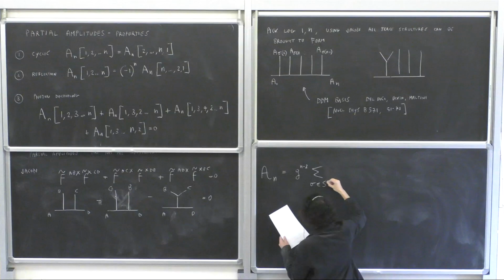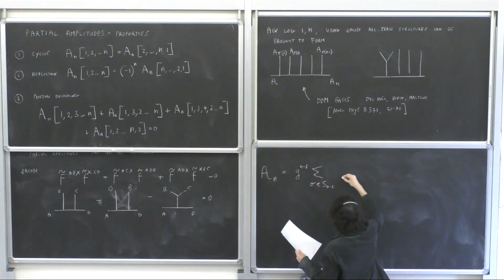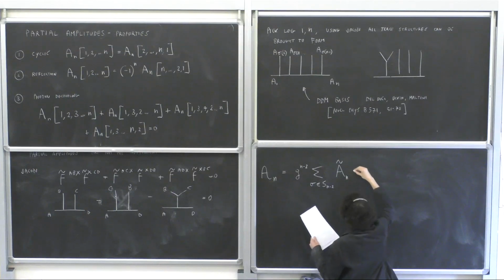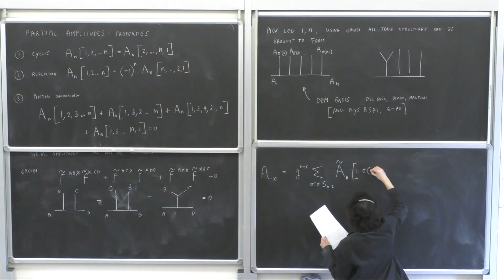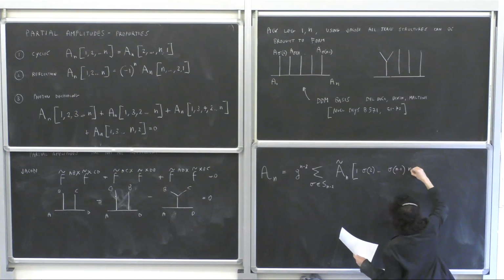And then there is a sum over permutations, and this is n minus 2. These permutations have n minus 2 elements, because now the first and last line are in a fixed position. This would be sigma of 2, sigma of n minus 1, and n would be in a fixed position.